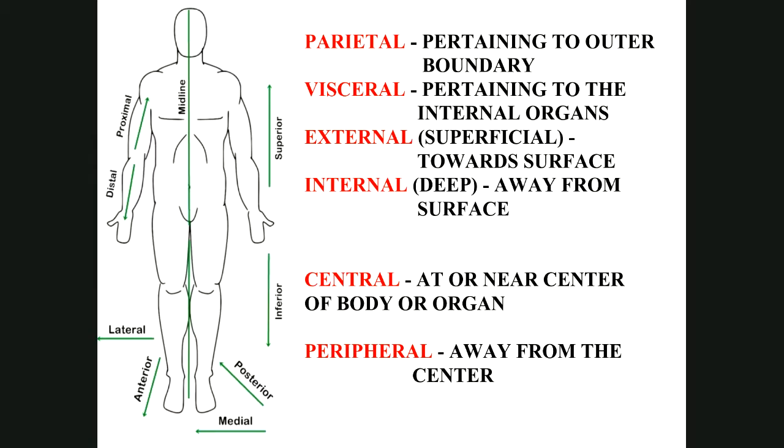Superior just means above something, like your head is superior to your chest. Posterior means the back of something. It's also the word dorsal goes with that. Anterior means the front of something, so that's your ventral side, your tummy. Lateral means to the side, so your ears obviously are lateral on your head.